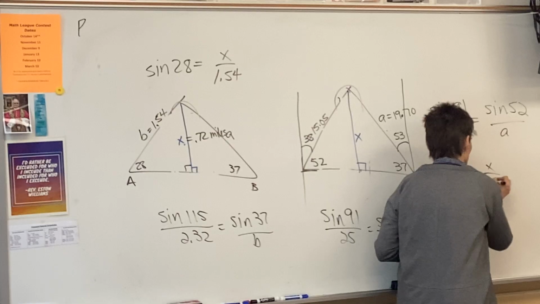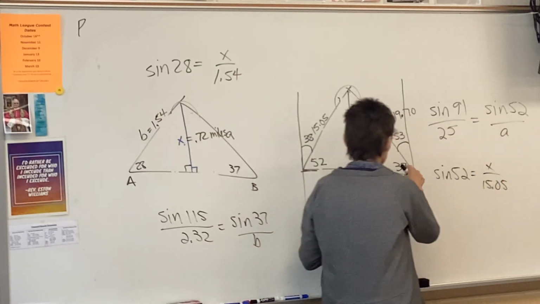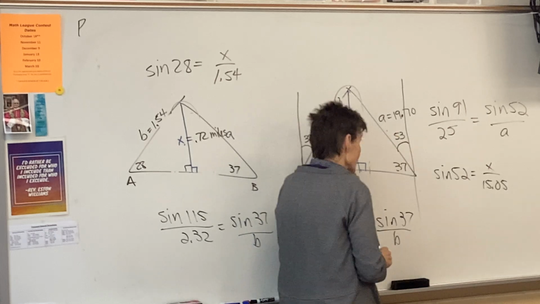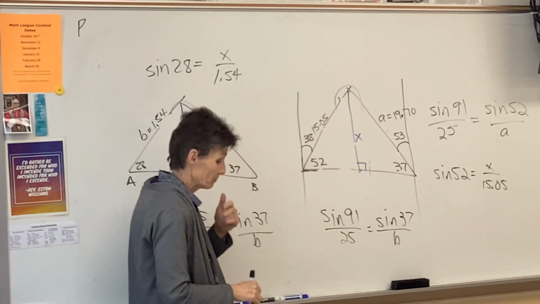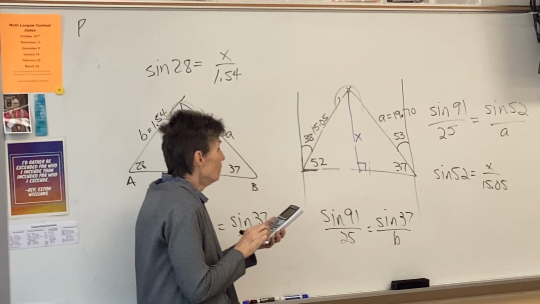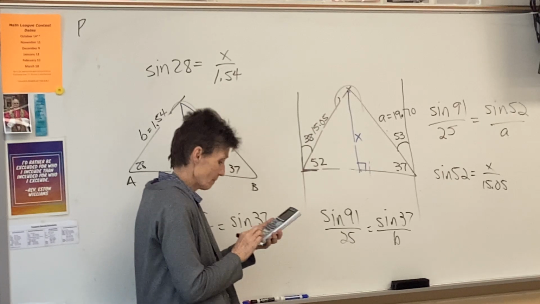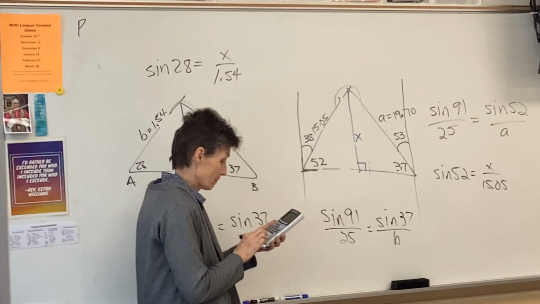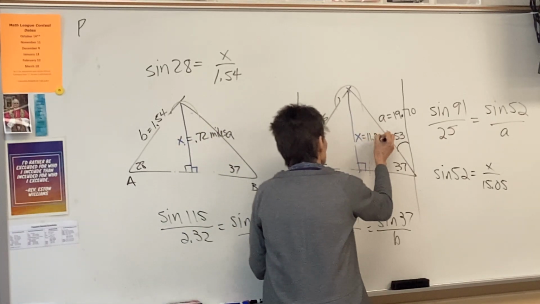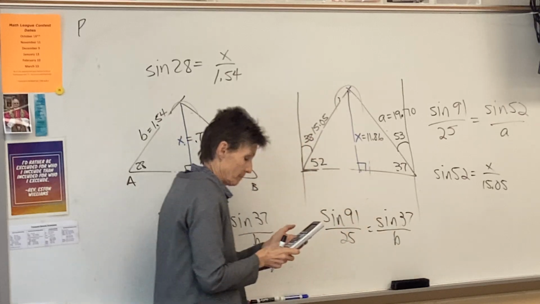Or I can go over here and say sine 37 equals x over 19.7. I got 11.86. They're one to one.